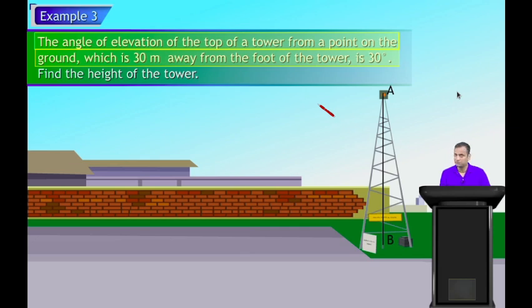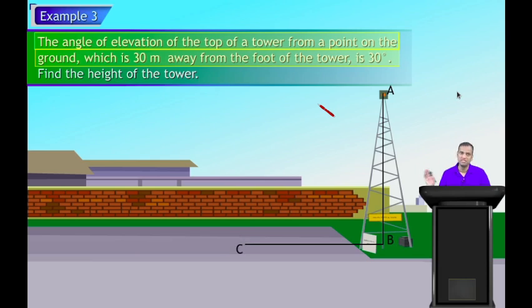So this is the tower. I think you have seen so many towers around you. Now there is a point on the ground, and this point is 30 meter away from the foot of the tower.